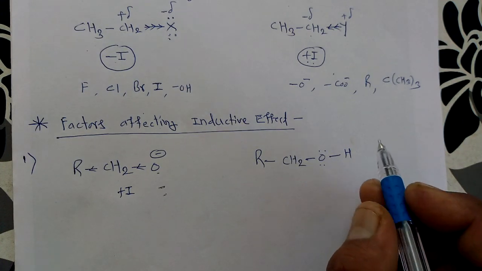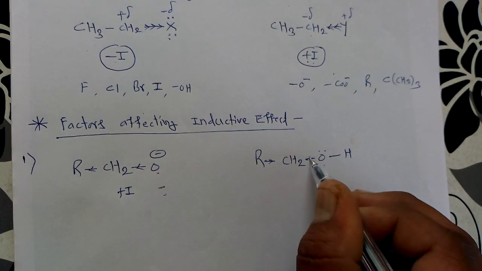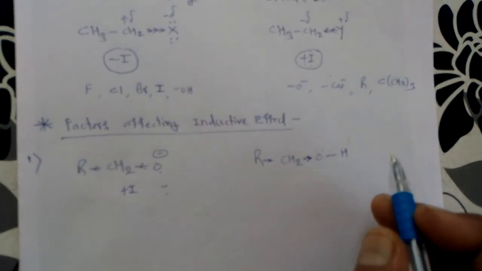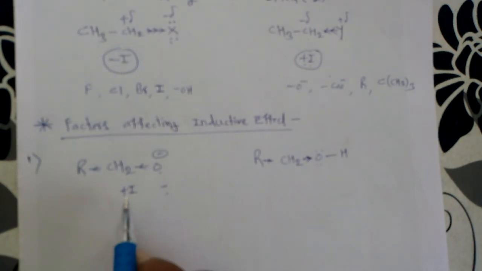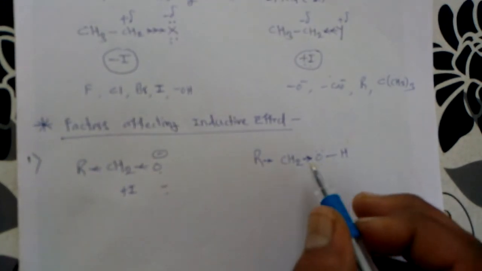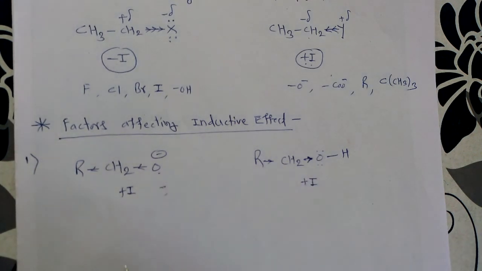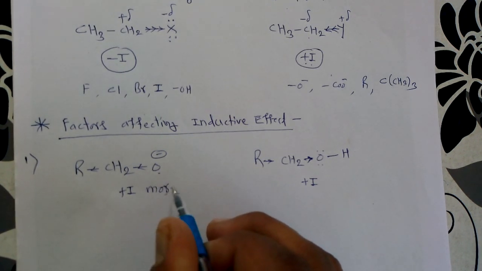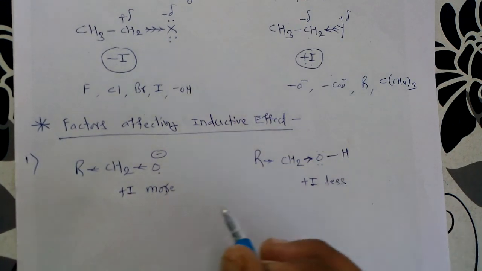So instead of donating, the electron density gets transferred towards the oxygen. No doubt this also shows somewhat plus I inductive effect, but the magnitude of plus I inductive effect is more in the first. It shows more plus I inductive effect and this one shows less plus I inductive effect.